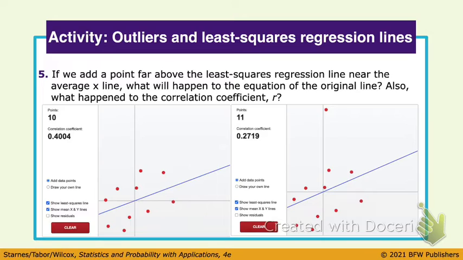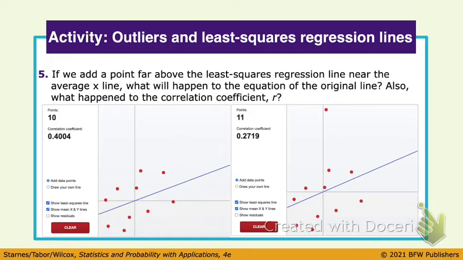Notice, though, that your average y value here, that line did go up as well, okay? Because now I have to take into consideration that value that's way up here. What happened to our correlation? It got weaker, okay?